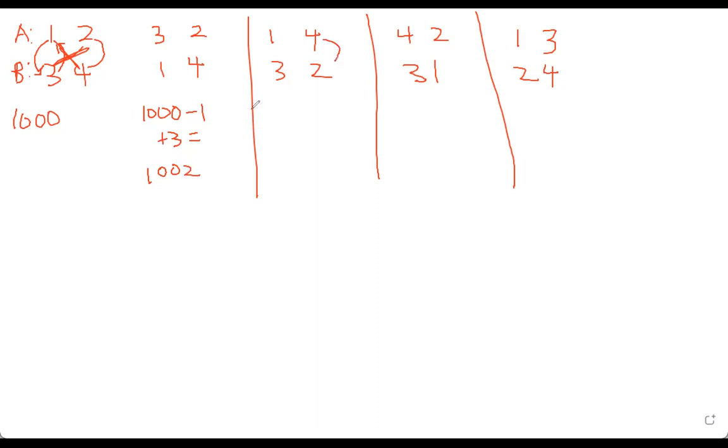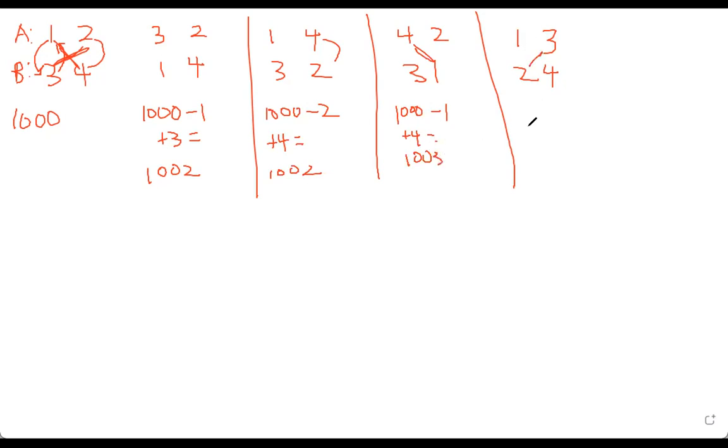You can do this with the other ones. So for these two swaps, we start with 1,000 gallons, and we subtract 2 because it left to barn B, and then we add 4 because it came to barn A, and that adds up to 1,002. This one we swap these two, so we start with 1,000 and you lose 1 and add 4, which equals 1,003.